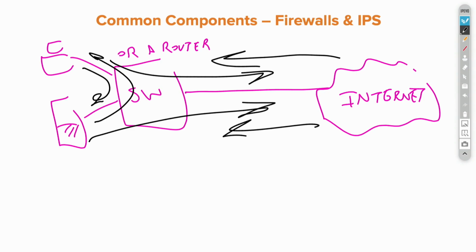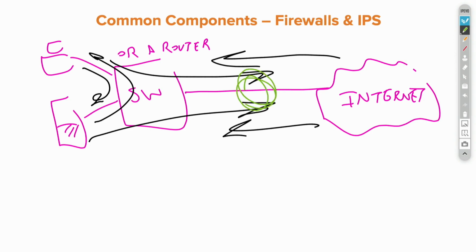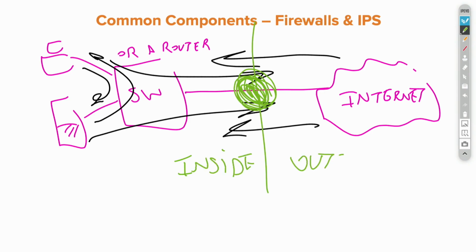So wouldn't it be nice if instead we could have a device that maybe sits right here, let's make this a green circle, and we'll divide the network into two sections: maybe this is the inside network, and this is the outside network. The logic this device works by is that if a device on the inside is initiating a connection to the outside, that's okay.